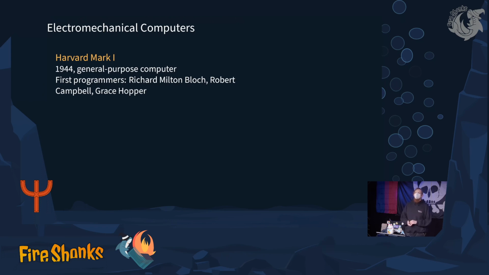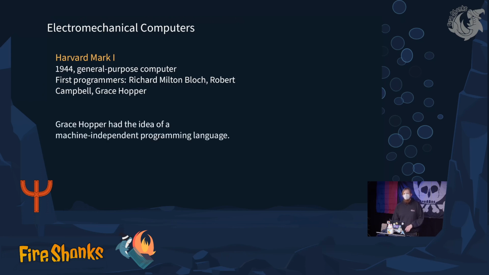And the people that worked on this, one of the first computers, were Richard Milton Block, Robert Campbell, and Grace Hopper. That's probably a name that many of you have already heard, because they did very interesting things. And invested a lot into the development of computers and computer science and computer engineering.